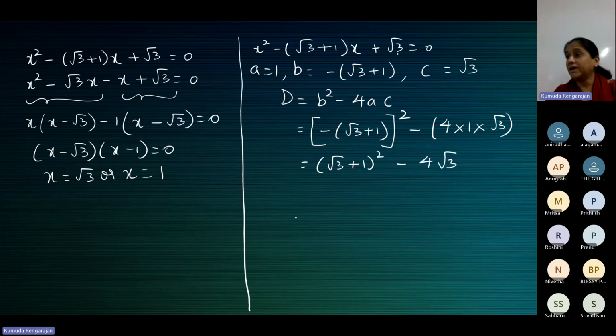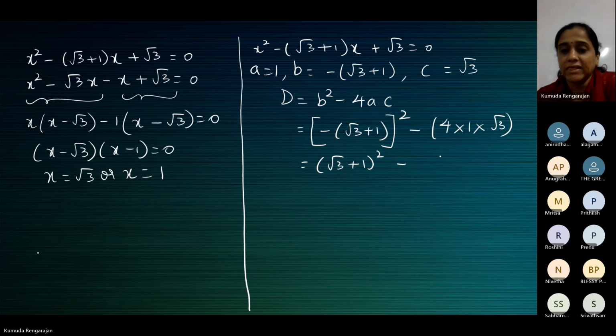Now this is of the form a plus b the whole square minus 4ab. So let me not write this as 4 root 3. We'll have it as 4 into 1 into root 3.